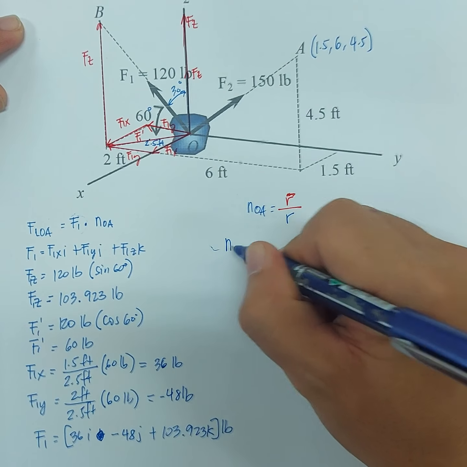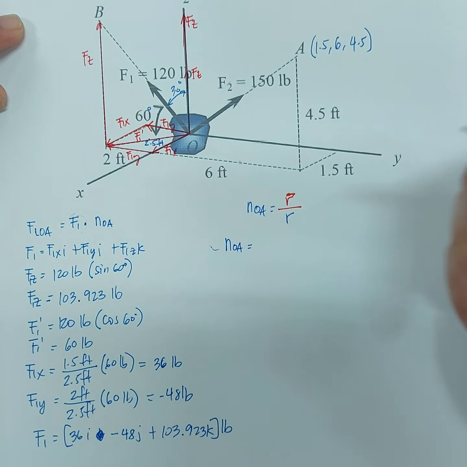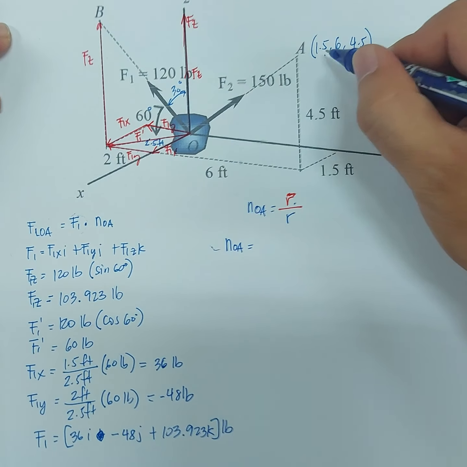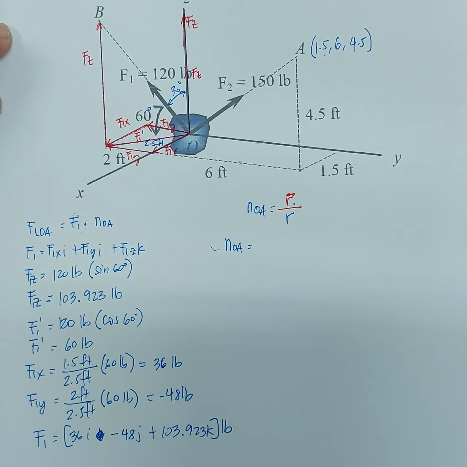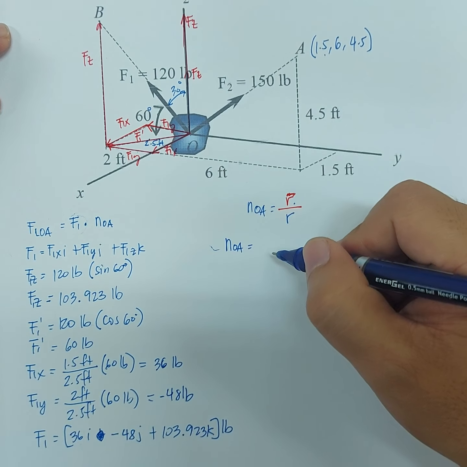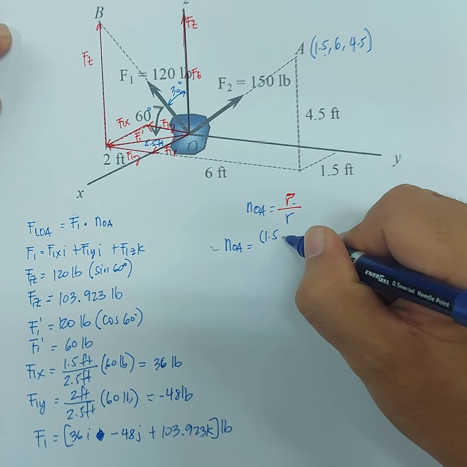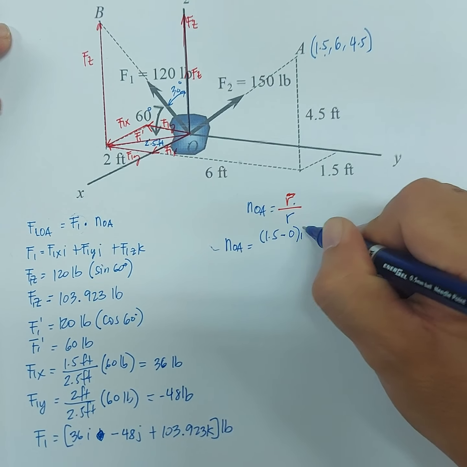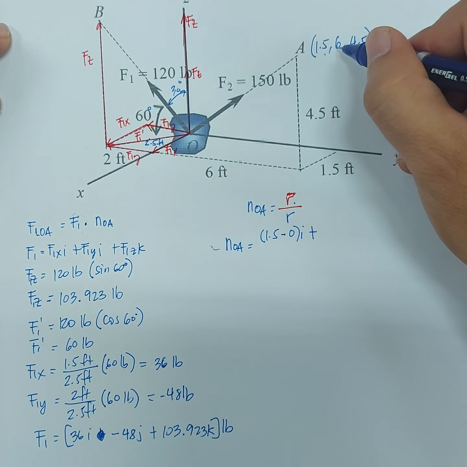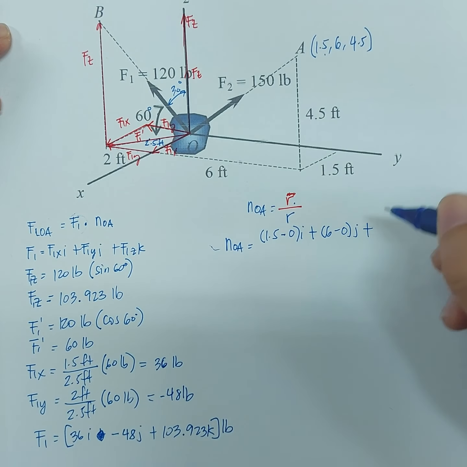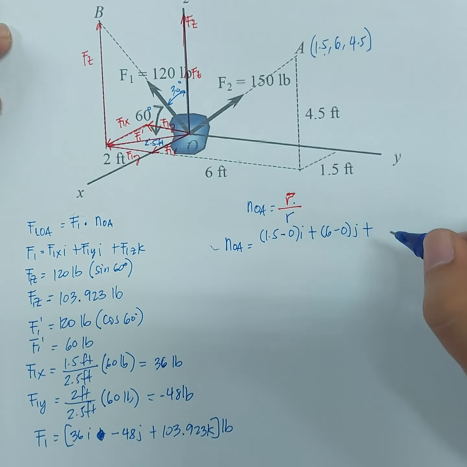So, the unit vector is equal to yung position vector natin. So, head minus tail. Head minus tail tayo. So we have 1.5 minus 0, i. Plus 6 minus 0, j. Plus 4.5 minus 0, k.